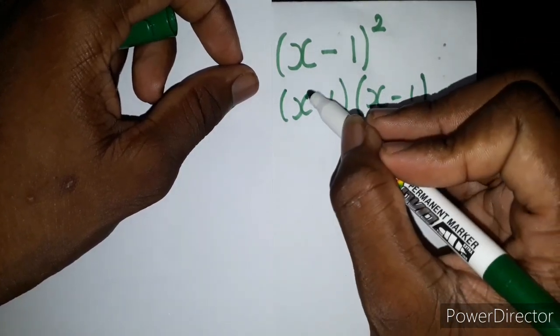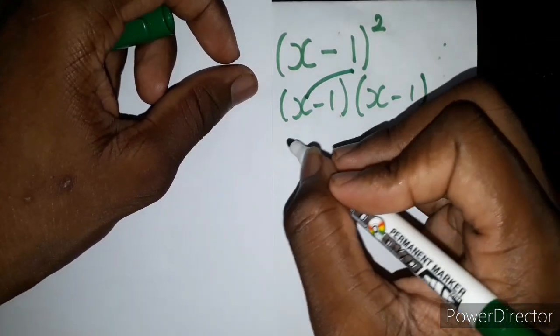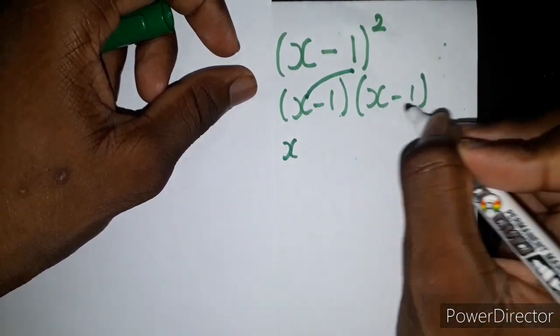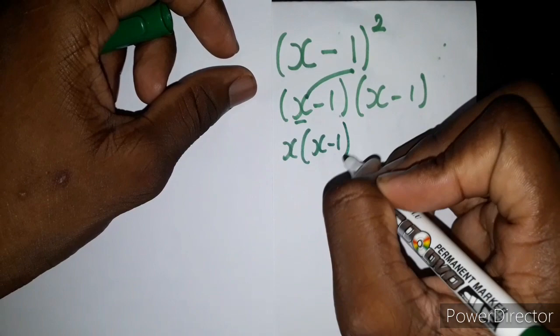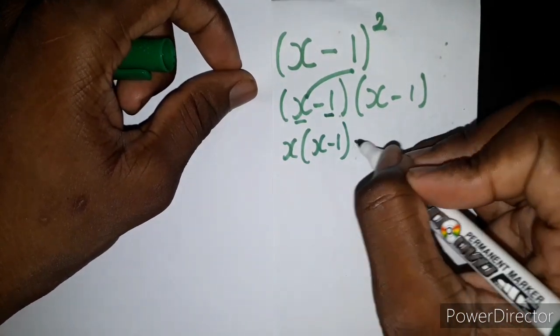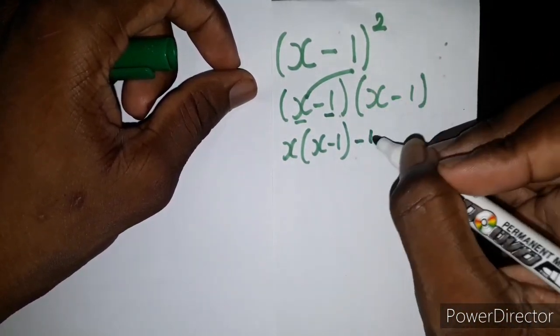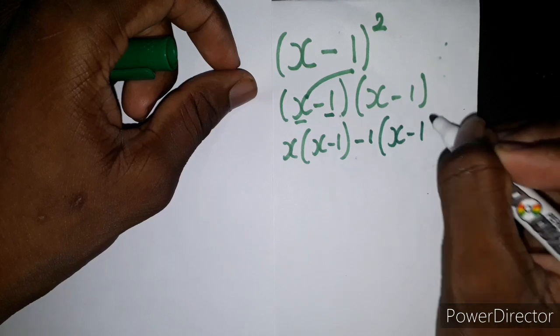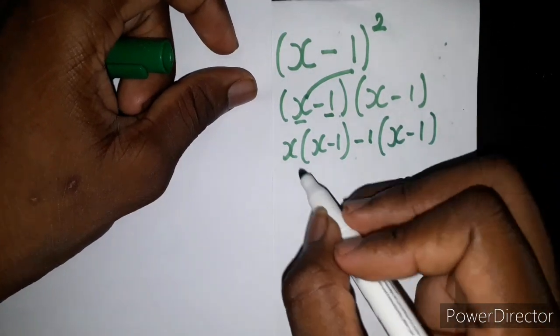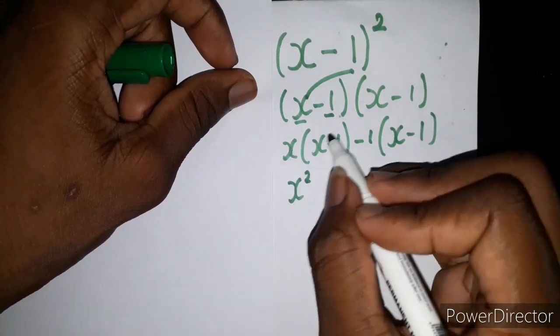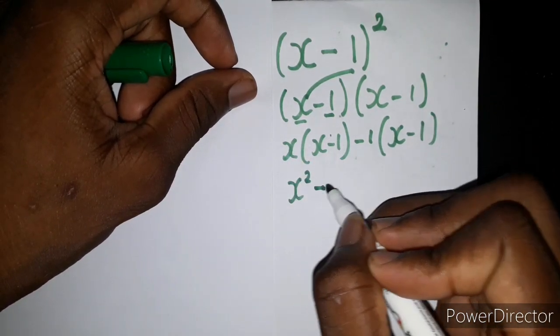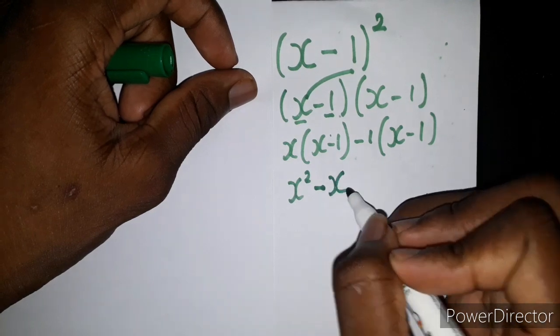This will be x times everything in this bracket, x minus 1, and then the minus 1 times everything in this bracket, x minus 1, and then we just distribute. x times x will give you x squared, x times negative 1 will give you negative x.